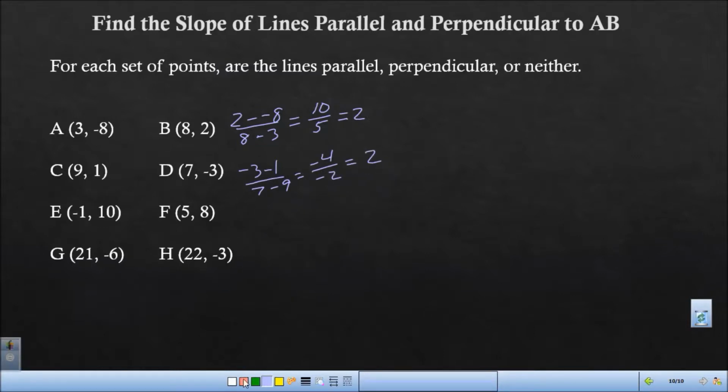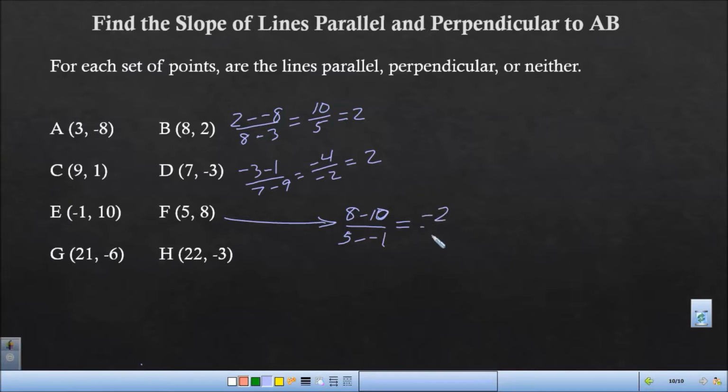And then EF is going to be 8 minus 10 over 5 minus -1, and that's going to be -2 over 6, which is -1/3.